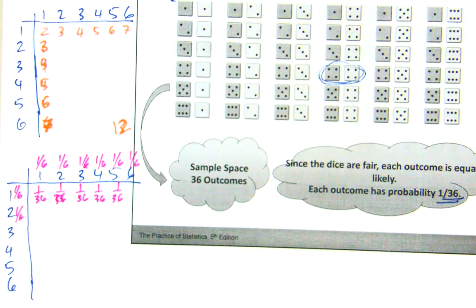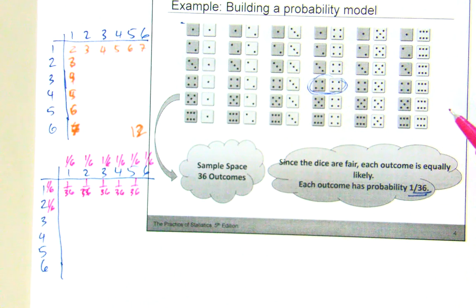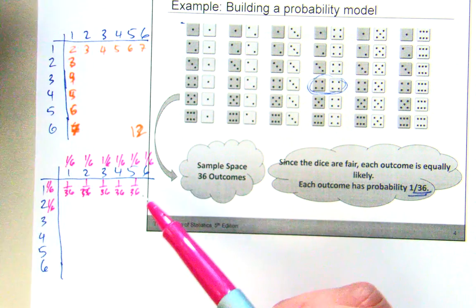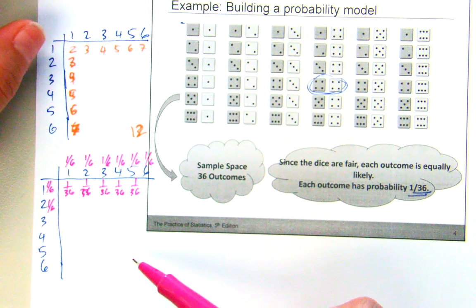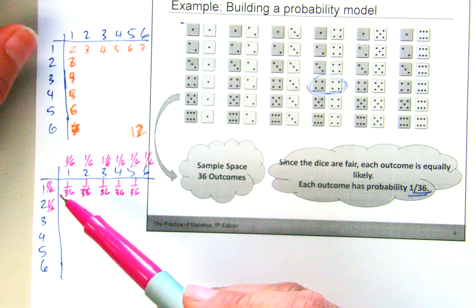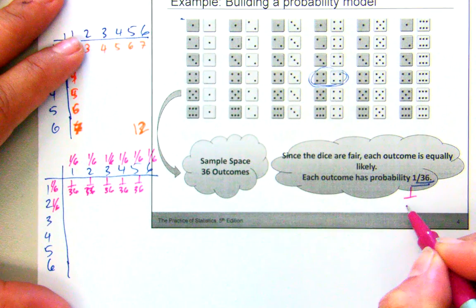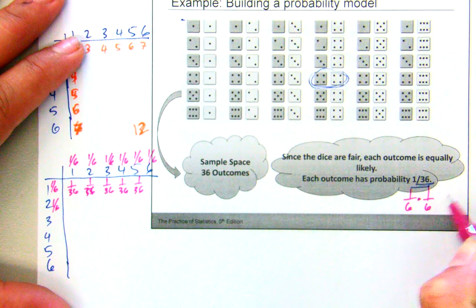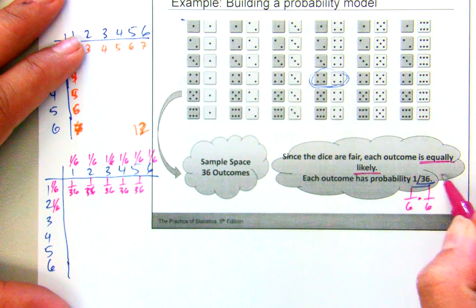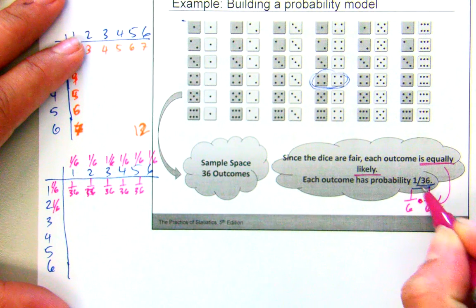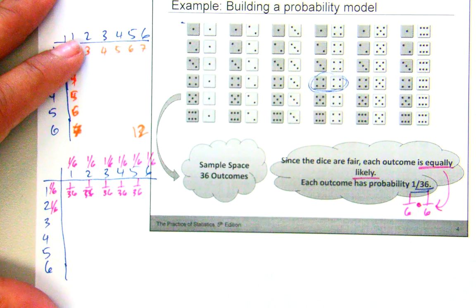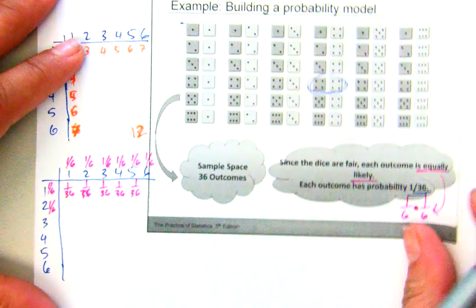You could either list them out, or you can multiply and know that each one is equally likely, so it's 1/6 times 1/6. That's the fastest way to get 1 out of 36. Okay, next one.